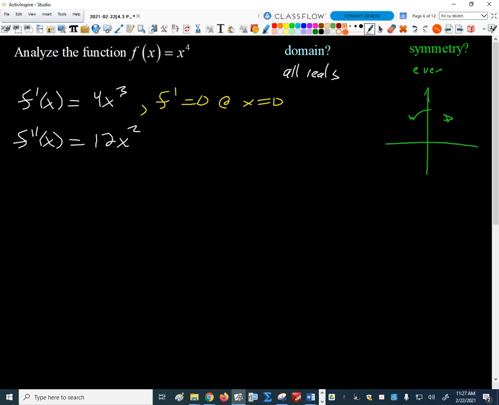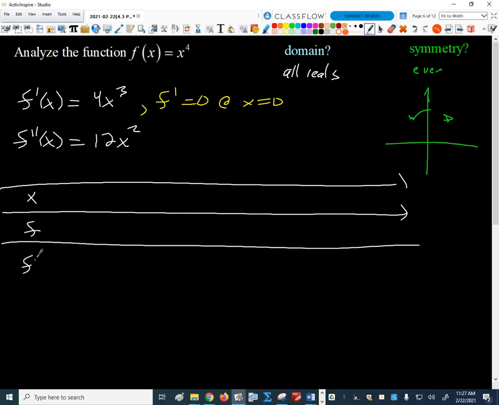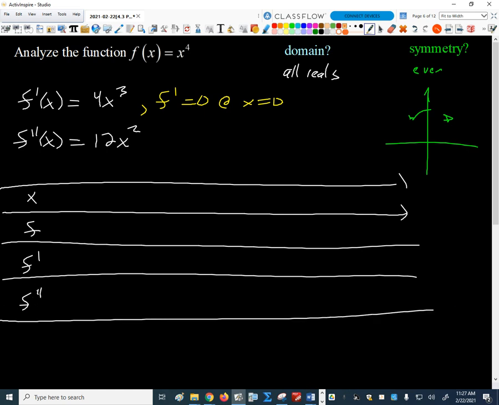So when we make our table here, so what's going on at 0, 0?